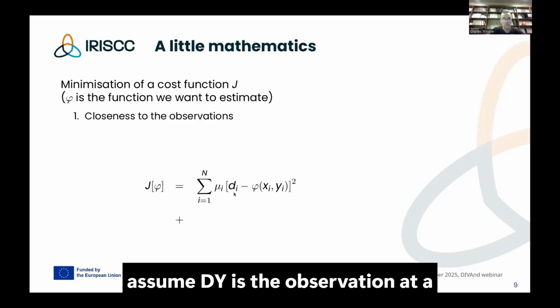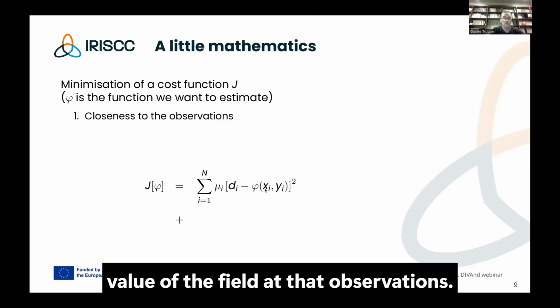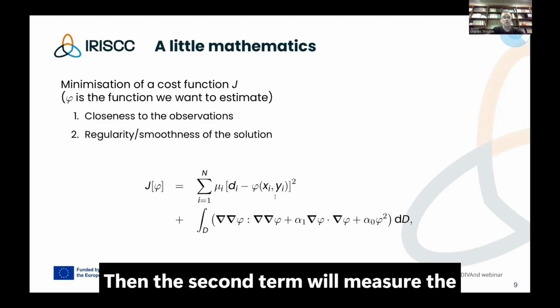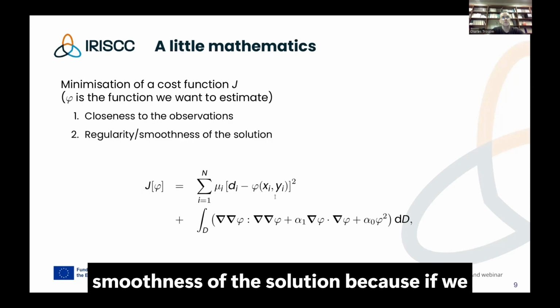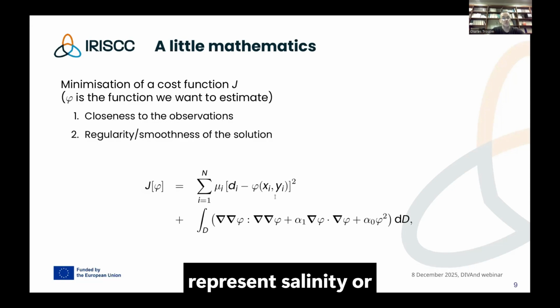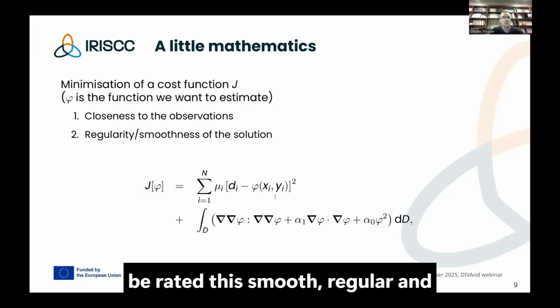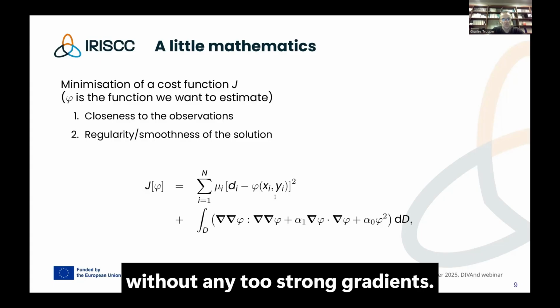We assume d_i is the observation at a given location, and phi is the value of the field at that observation. Then the second term measures the regularity, also called the smoothness, of the solution. Because if we represent a salinity or temperature field, we know that it has to be relatively smooth, regular, and without any too strong gradients.